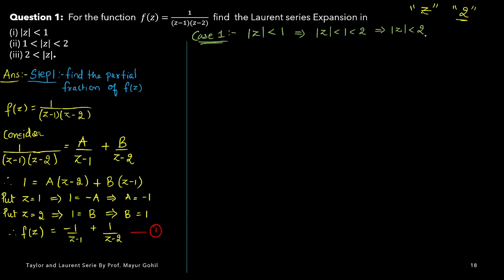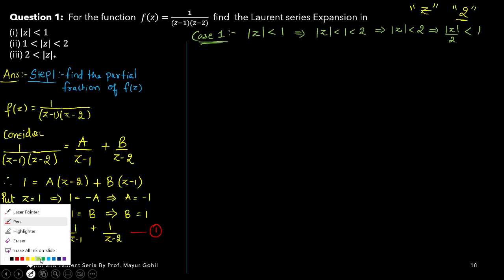Fine. Now remember, we have to make everything less than 1. Then everything will settle down, and I'll tell you why everything has to become less than 1. Mod z is less than 2, so this can now be written as mod of z upon 2 is less than 1. This is very crucial.